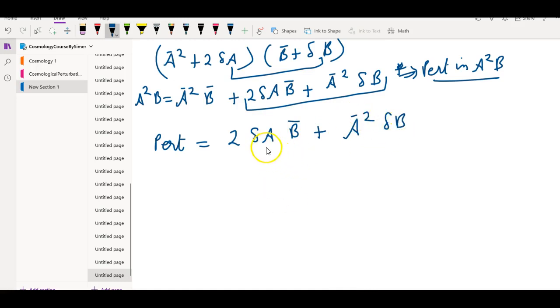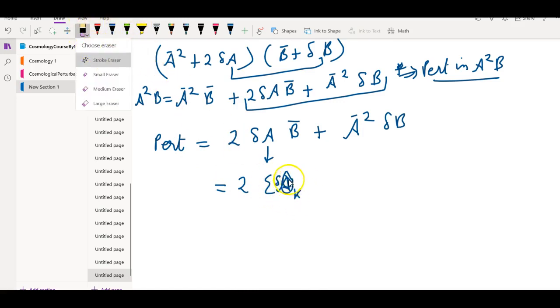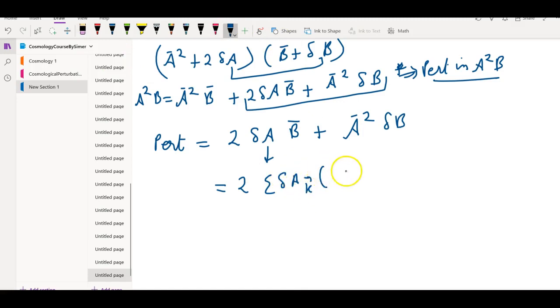Now I write this in terms of its Fourier components. If I plug in the Fourier components, it will be delta a k, the Fourier coefficient, which is a function of eta, and e to the power i k dot x.